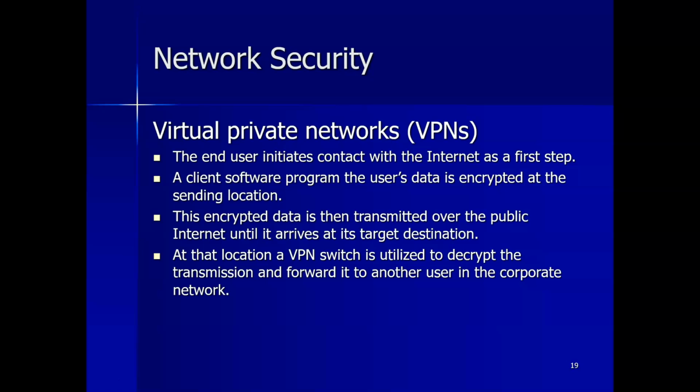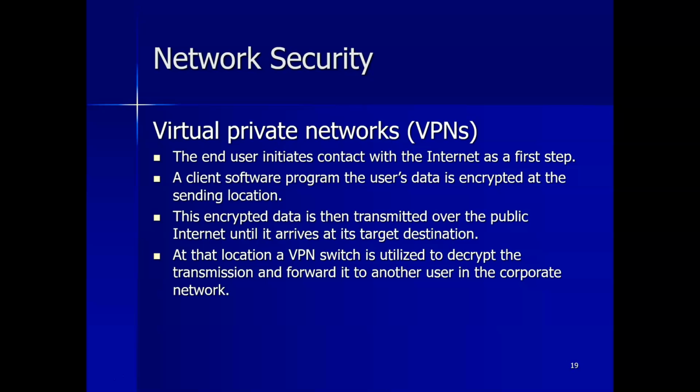Then, via a client software program, the user's data is encrypted at the sending location, and this encrypted data is then transmitted over the public internet until it arrives at its target destination.